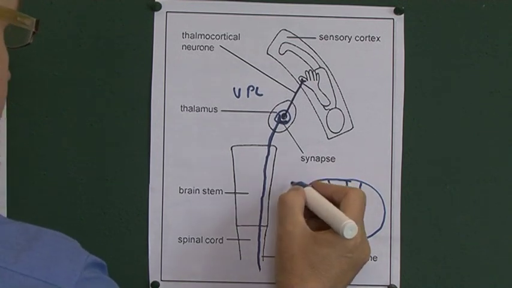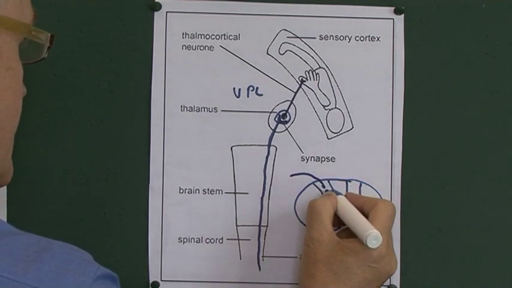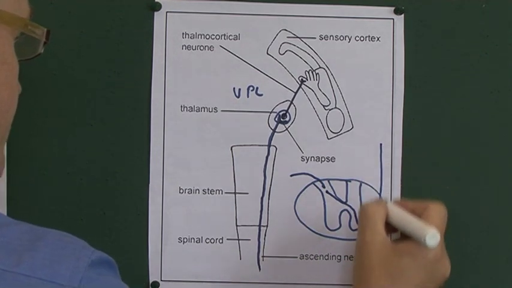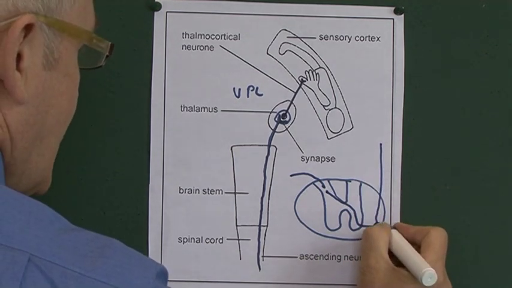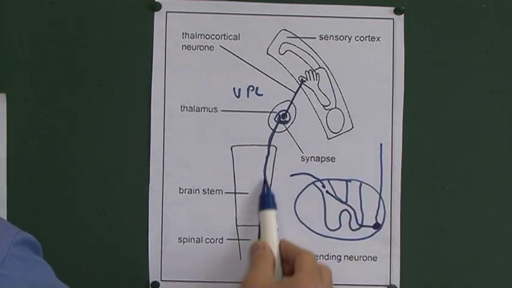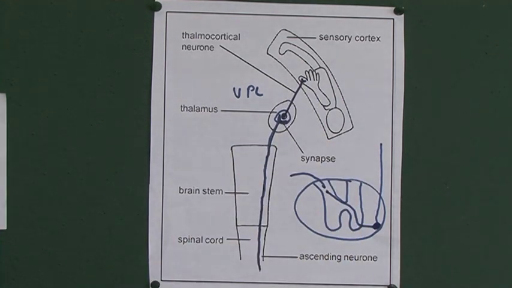Now, we know that the neuron comes in, synapses, goes across and goes up towards the brain. Well, this is the spinothalamic tract here, and this is the spinothalamic tract that tends to carry the fast pain impulses straight up towards the sensory cortex, where it can be well localized.